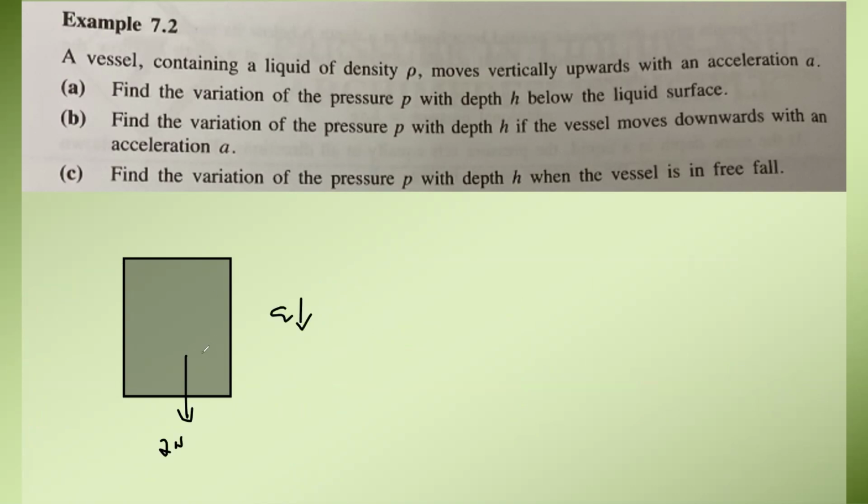If it is accelerating down, in which direction will the fluid try to apply a force to oppose the motion because of its inertia? The fluid will try to oppose the motion, so it will apply, for example, 1 Newton upward. As a result, the total downward force is 1 Newton and the normal contact force will also be 1 Newton.